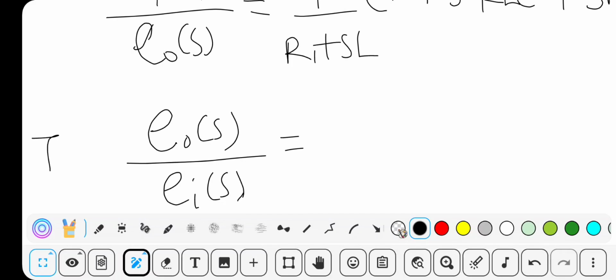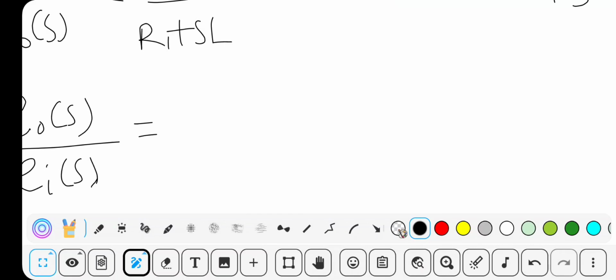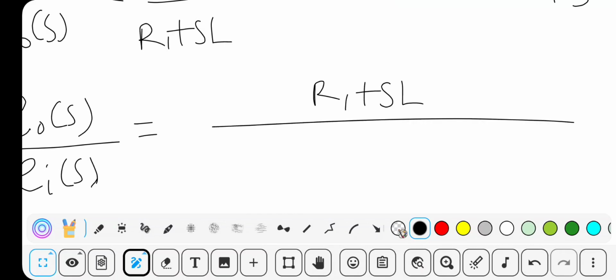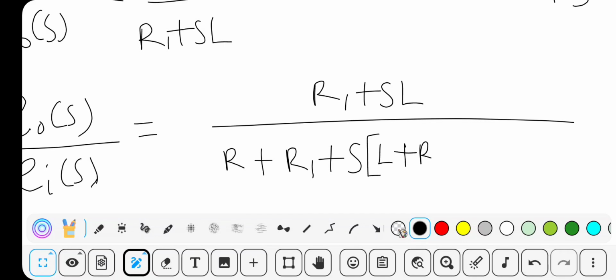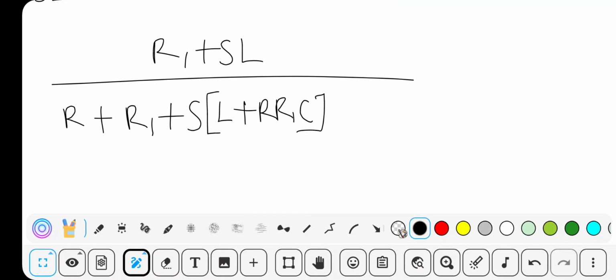So this is the transfer function: R1 plus SL divided by R plus R1 plus SL plus R1C plus S squared RLC.